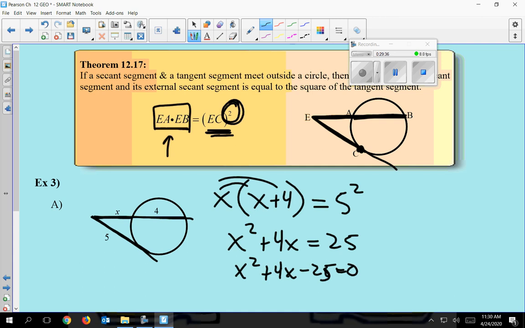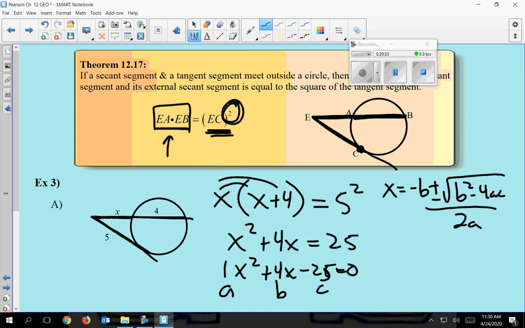So if I can't factor it, I'm back to the quadratic formula again. My A here is actually going to be a 1. Here's my B. There's my C.